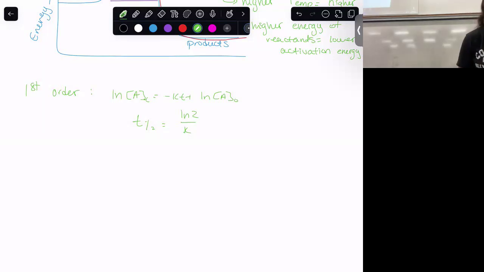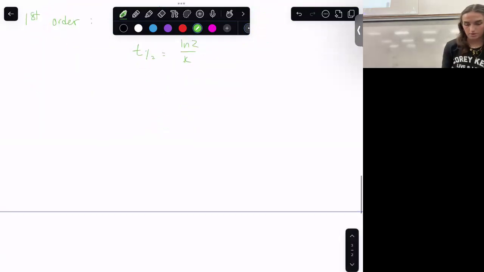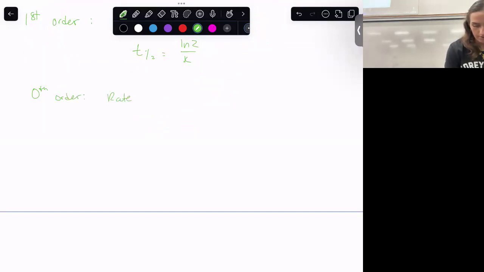Alrighty. That's a great question. So for zero order, we are looking at something that is just rate is equal to k. We don't have any reactant involved, it's just the rate constant.